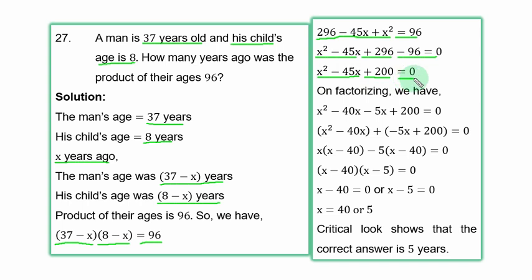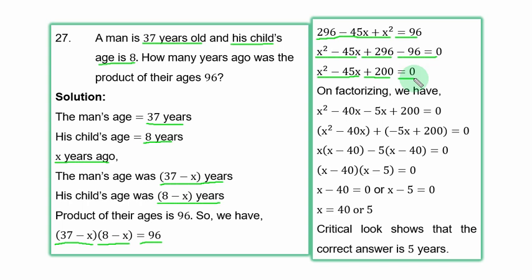So you factorize. By the steps in factorization, you look for 2 factors of 200 such that their sum is minus 45 and their product is 200.